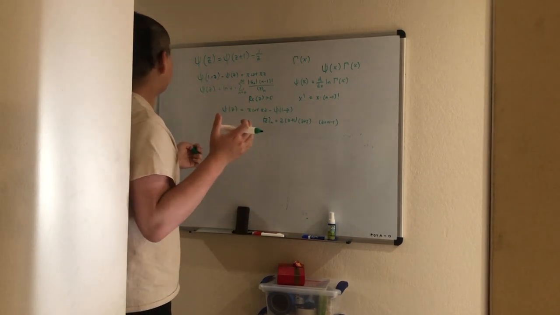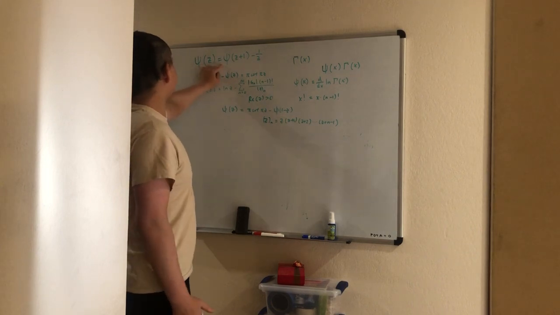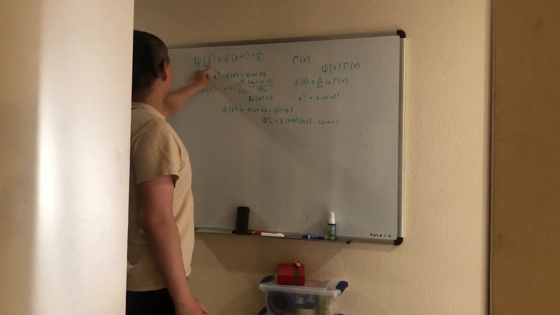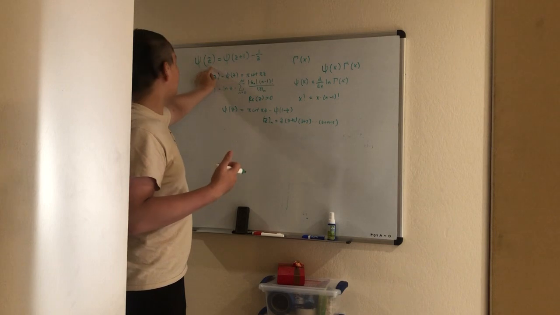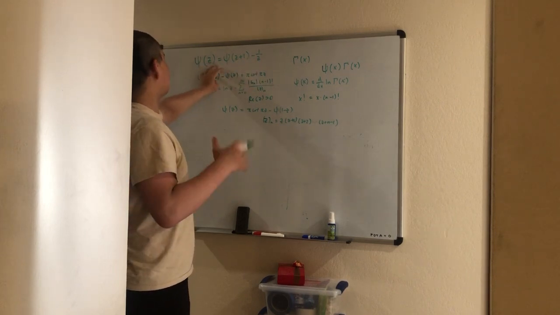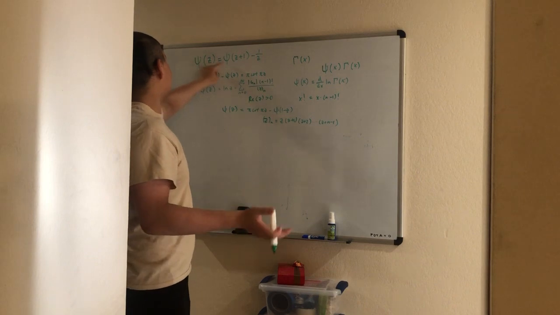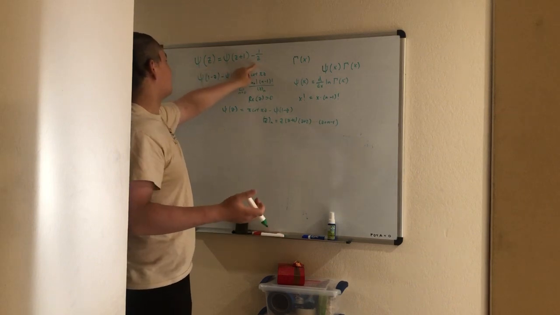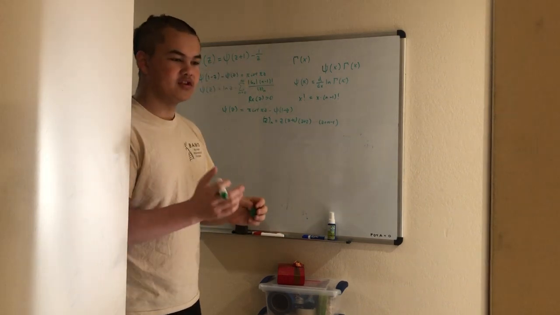But what we can do is use this recurrence relation to transform, say, digamma of 1 into digamma of 2 minus 1 over 1. And then we take digamma of 2 and convert it into digamma of 3 minus 1 over 2, and so on and so forth.